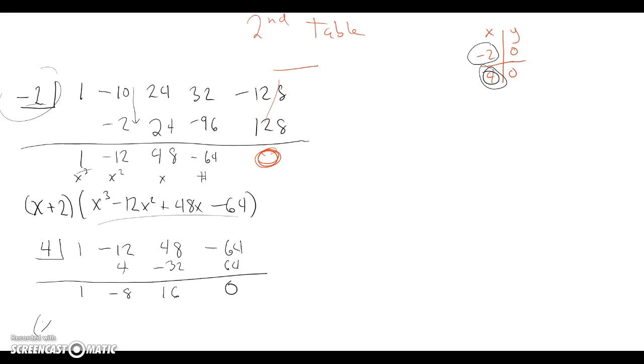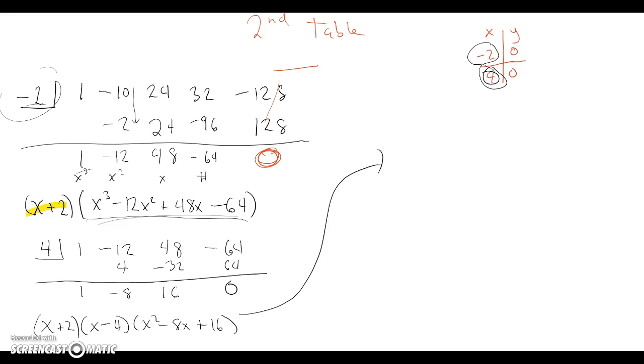So let's look. I had my x plus 2, remember. Then I broke this x cubed up into the factor of 4, which would be written as x minus 4, and then my resulting polynomial is x squared minus 8x plus 16.